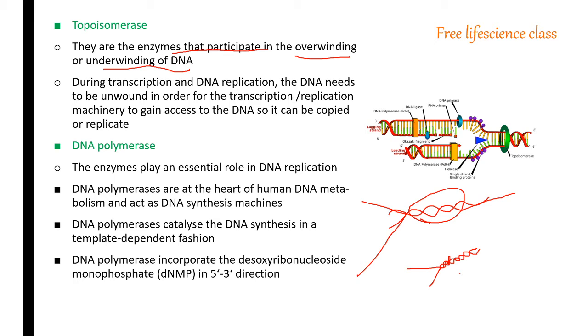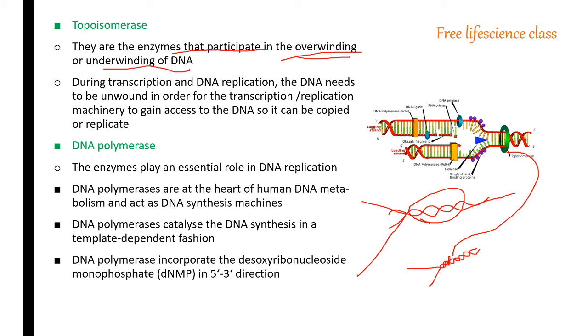The DNA can break. If we are doing so, the DNA will break out. So for avoiding this tension, topoisomerase will help. What does this topoisomerase do? It will help in overwinding or underwinding of DNA.